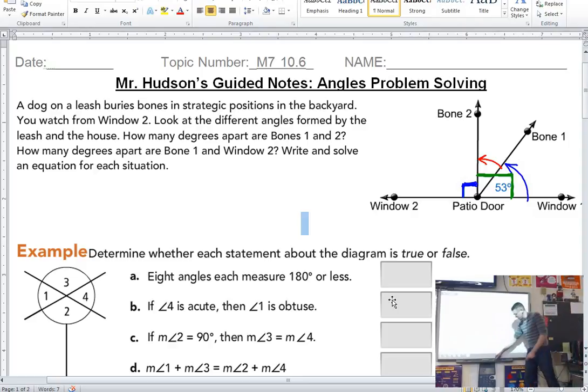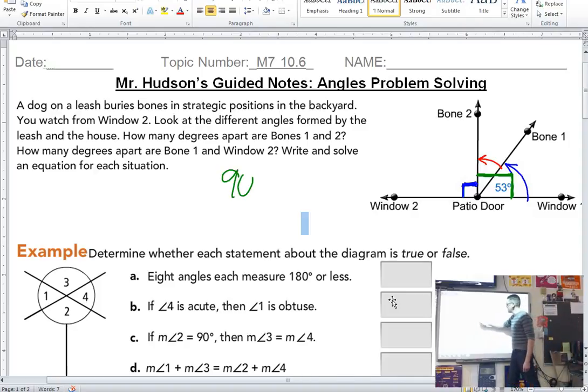How do we figure out the angle from bone 1 to bone 2? Bella, what do you think? How do we figure out this unknown red angle? Yeah, we know our total of 90. We can take away the 53.